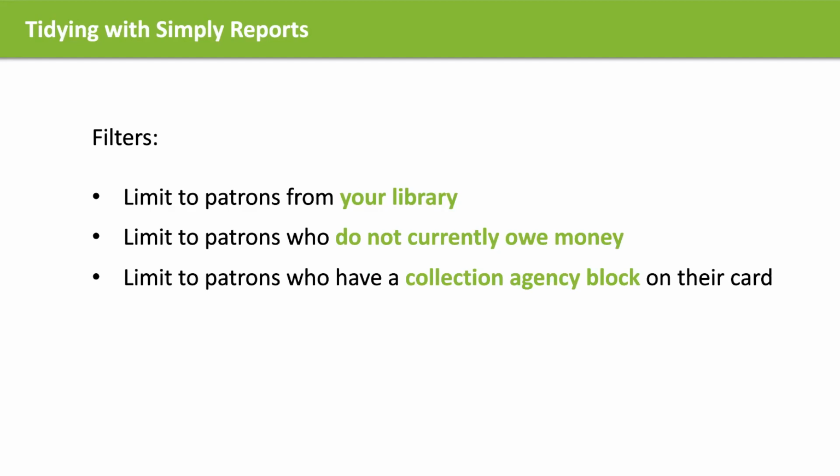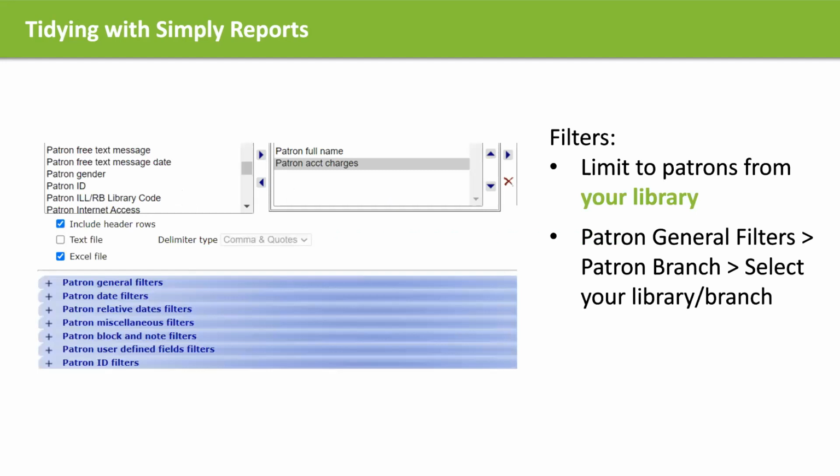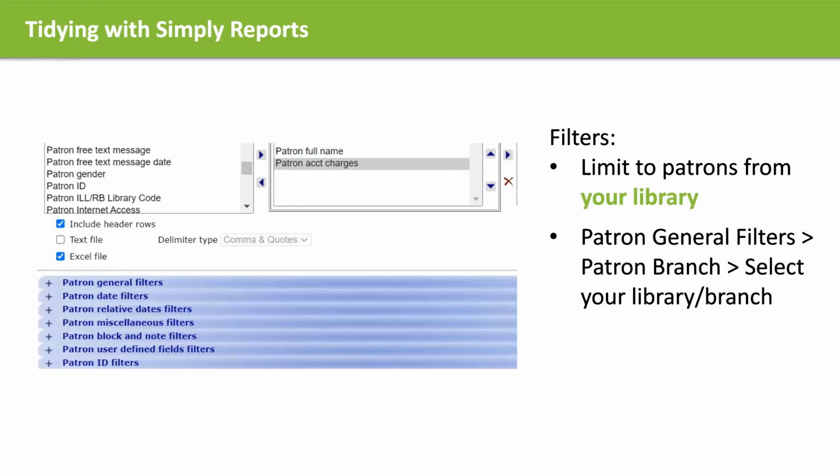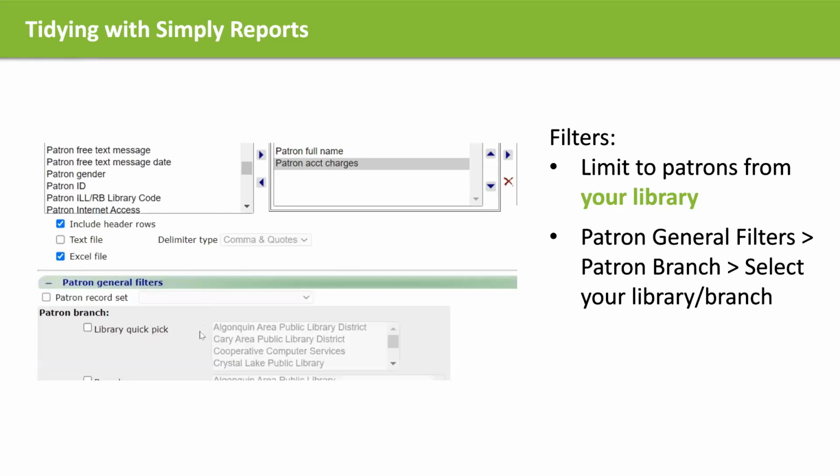So our first filter is to define which library these users come from. And we will use the patron branch filter in this first section here to limit to our users. So I'll just select that checkbox, and select my library from the list. Next we want to filter to patrons who have a collections block but have cleared their accounts, right? So we know we need a filter for each of those qualities.